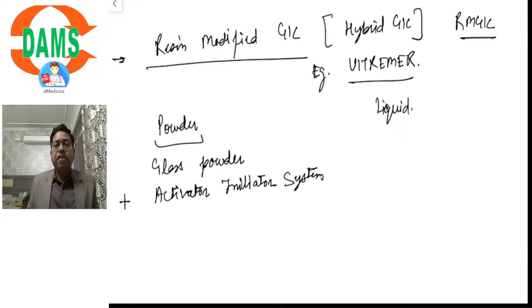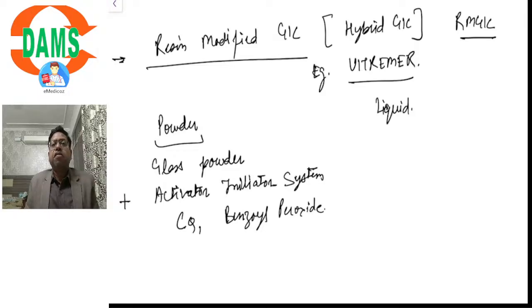We know that activator-initiator systems are present in dental composites, like camphoroquinone, benzoyl peroxide, etc. CQ stands for camphoroquinone. Whether it is chemically cured or light cured, respectively, we use initiators like benzoyl peroxide and camphoroquinone.